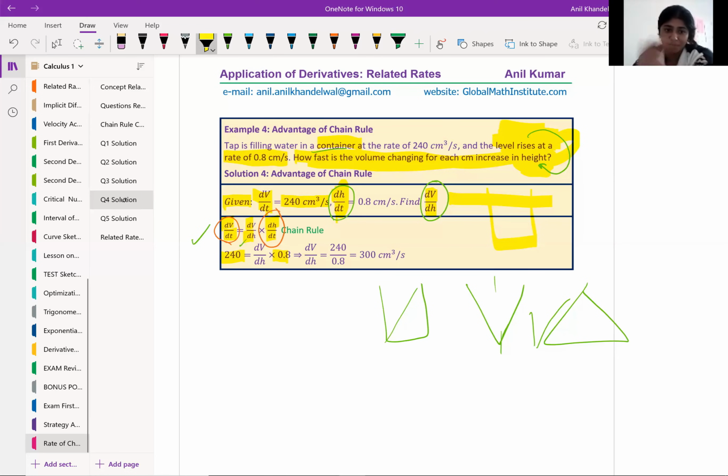So it is that way. We've already found dV/dt, which is 240, so you just sub that in. And we found dh/dt, which is 0.8, sub that in. To find dV/dh, you divide like a normal equation: 240 divided by 0.8, and we get 300 centimeter cubed, because it's volume, per second.